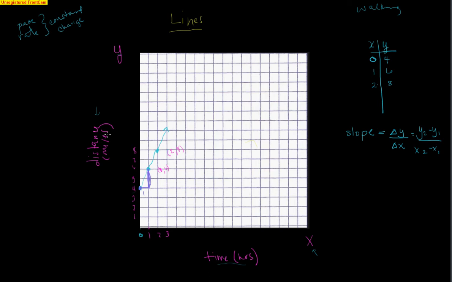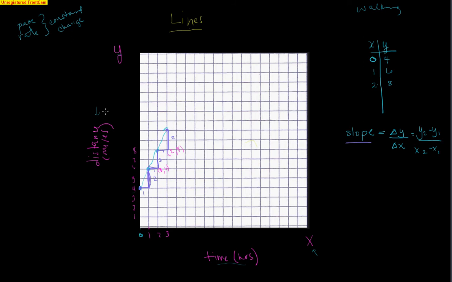So in 1 hour, I've gone 2 miles. After another hour, I've gone another 2 miles. And so on. So I'm walking at a steady pace. What is that pace? Well, that pace is my slope.